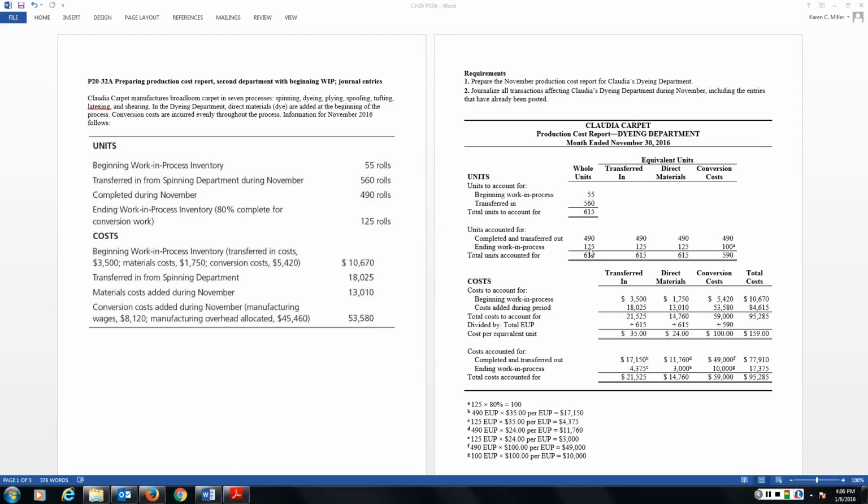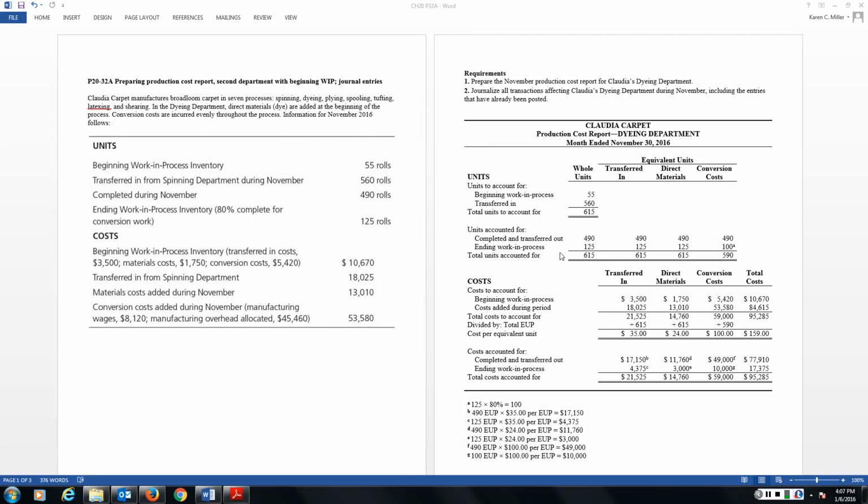So out of these 125 units, they only have 80% of the labor and overhead applied to them. So that is the equivalent, 125 times 80%, that is the equivalent of finishing 100 units. All right, so that's our primary goal in this part, to determine the equivalent number of units.